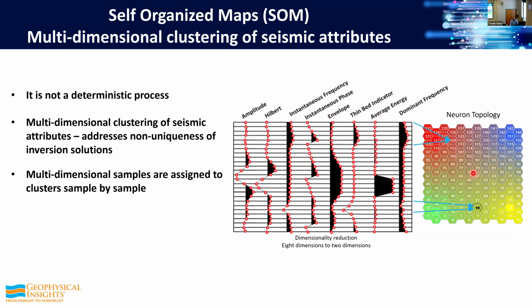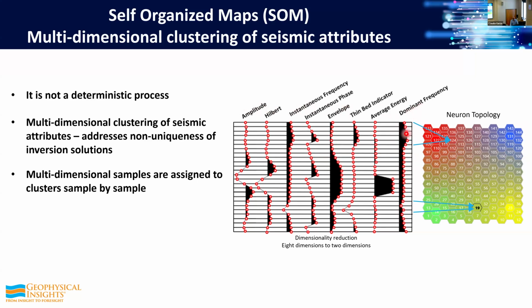In this case, I'm assigning it to cluster 124. I'm going to go to the next sample. I am going to do the same, assign it to a different cluster, go sample by sample. Here, this sample resembles this sample, so it goes to the same cluster, and keep on going sample by sample. So what I'm doing here is that I'm going to have 144 clusters in an 8-dimensional space.